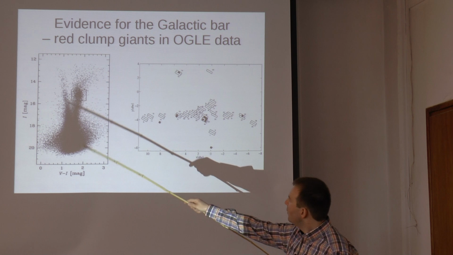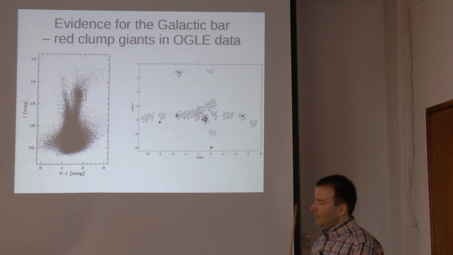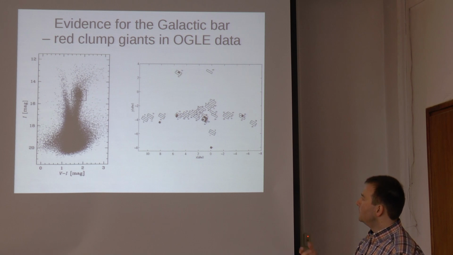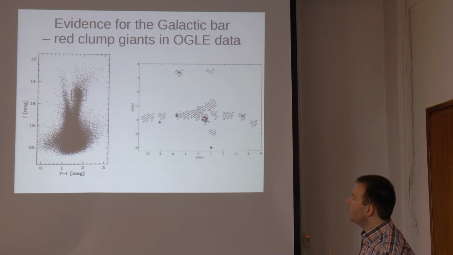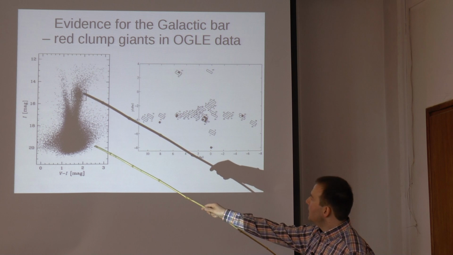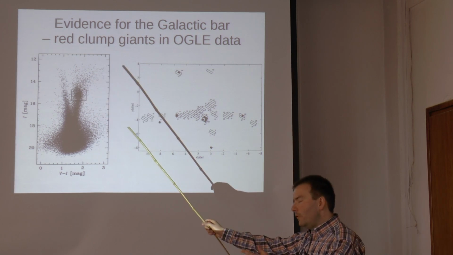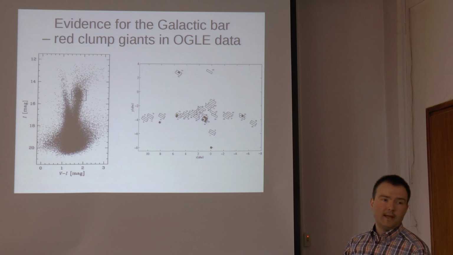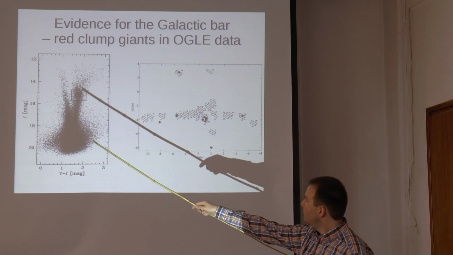And then stars evolve. At the phase of evolution in which helium is burned in the core, the stars stop for a while, for a longer time again here, and this is the so-called red clump, because these are red giants.